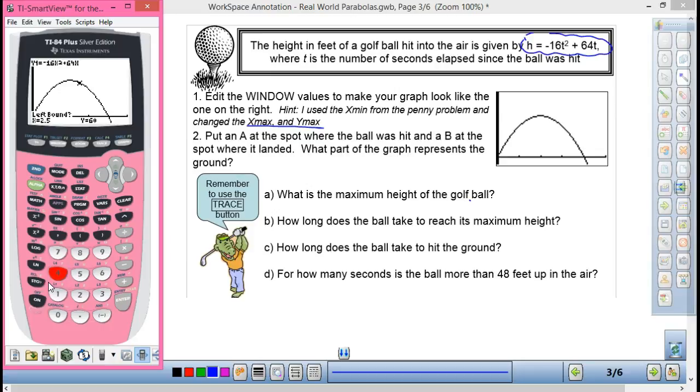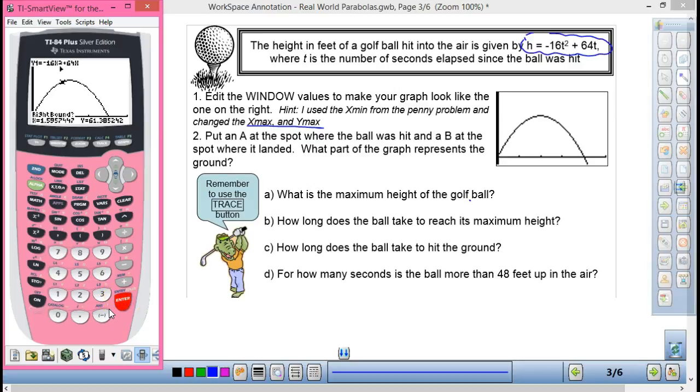Now, down here, it's asking for left bound. What that means is I have to move my cursor to the left side of my vertex, so I go a little bit past my vertex to the left side of it. Hit enter.